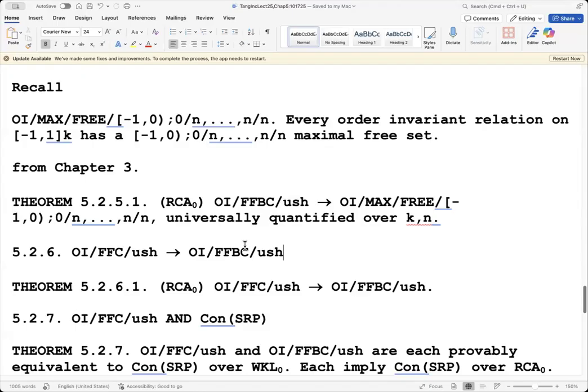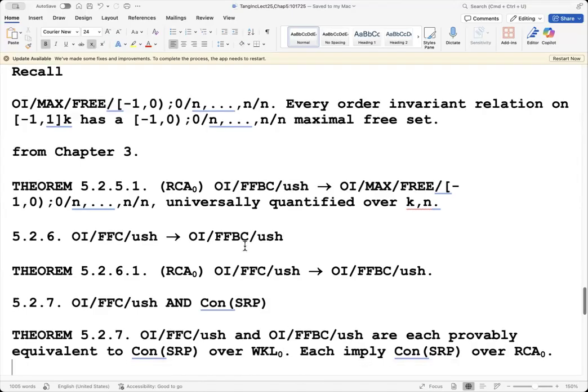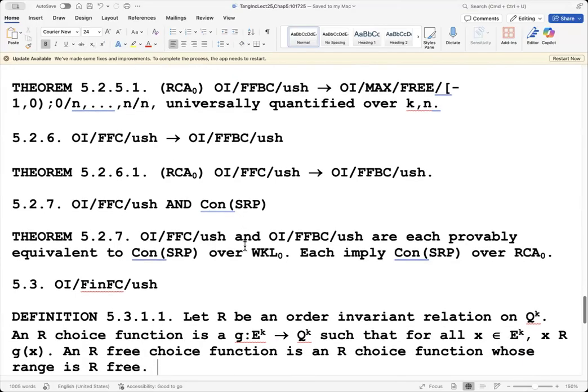But you can fix that by making your invariant free choice do more. So that's roughly how this works. And so because of that, we don't have to put this extra boundedness condition. So that completes section 5.2.